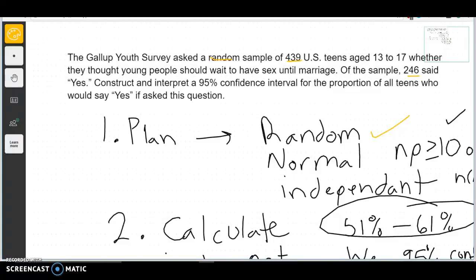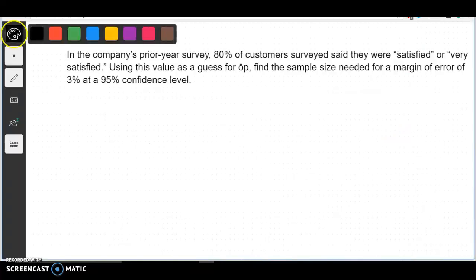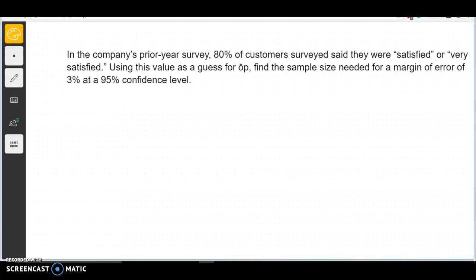So sometimes you have to decide on a sample size. Okay, so for the second part of the problem, what we want to find is the sample size we need to get this margin of error, given that this is the percent that we found for the sample. So the first thing we want to do is think about how we find margin of error.